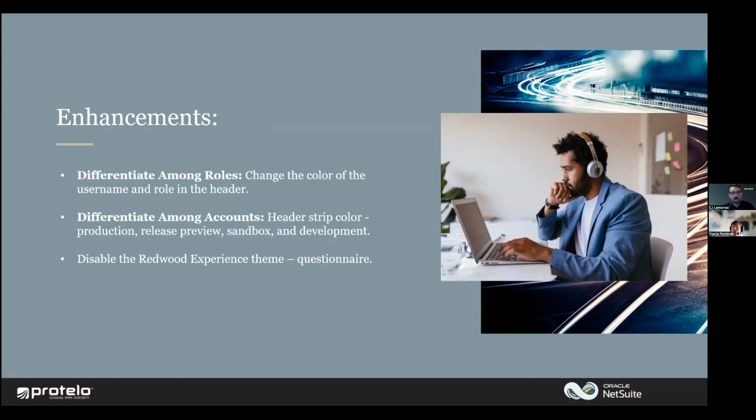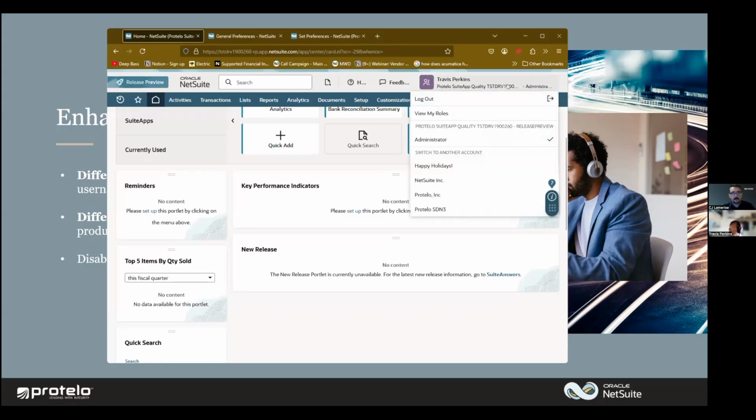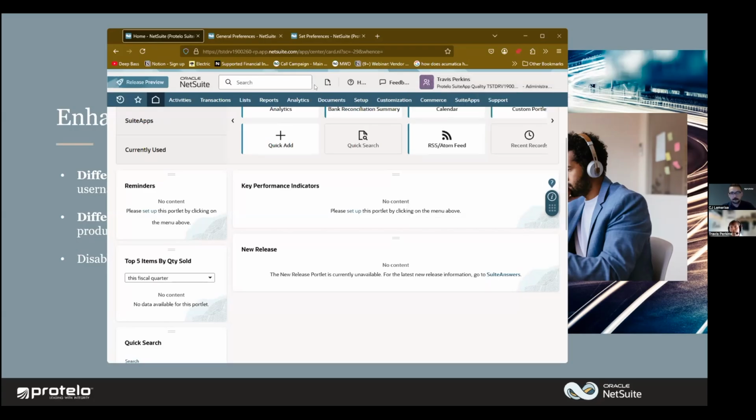So when you hover over your name in the upper right corner, you might see, which I'll show you here, in this one, I have an instance called Happy Holidays I could log into, or this NetSuite instance, or my Protelo instance. All of those can have a different theme associated with it.